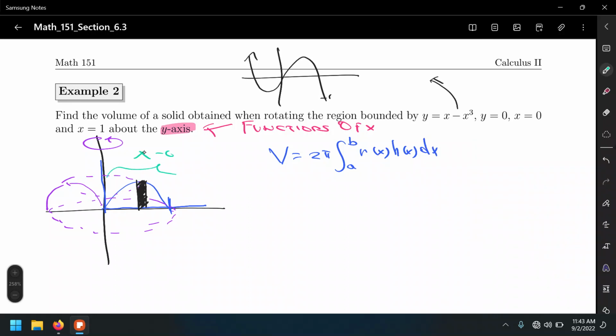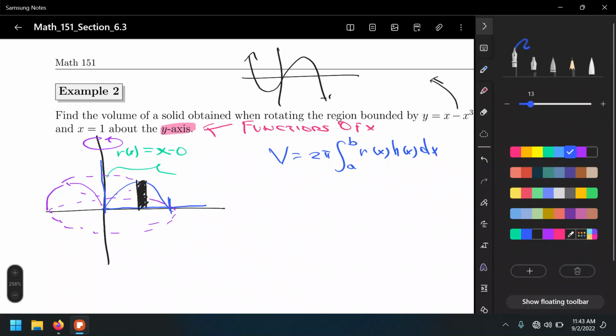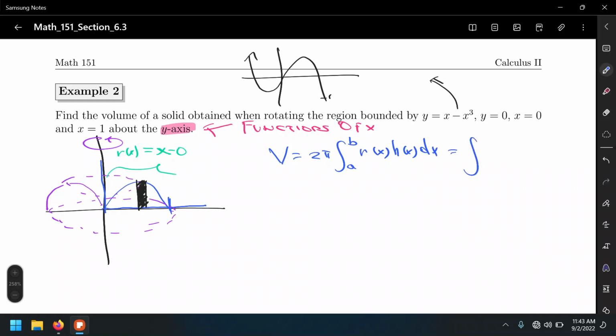That's r of x, because 0 is the position of the axis of rotation. After you do a few of these, you won't have to write this minus 0. Just the x is fine.